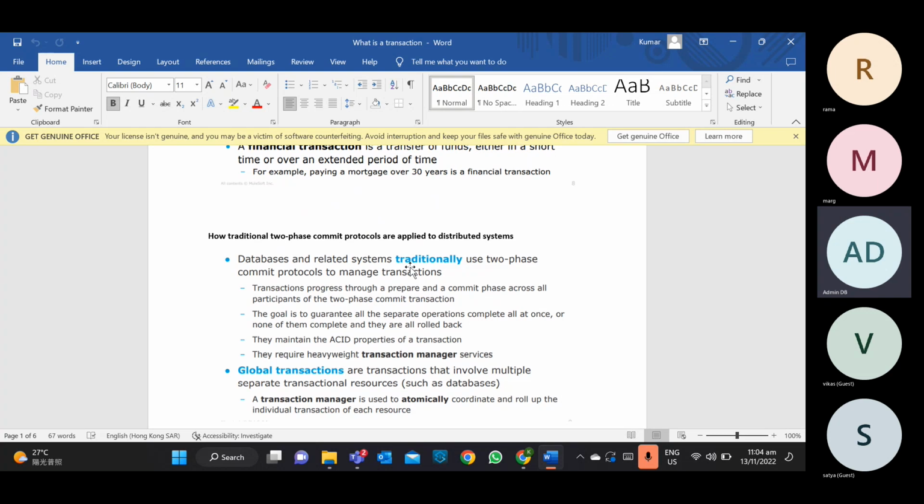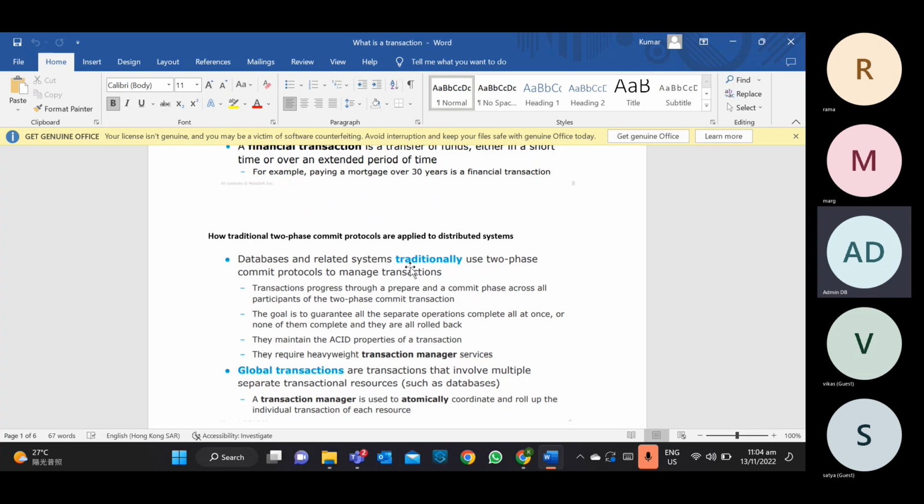We are writing in the JMS queue, and the publish operation successfully completed, so here also we do commit 1. Now once all the connectors involved in this particular transaction have successfully completed their transaction, then we will do commit 2.